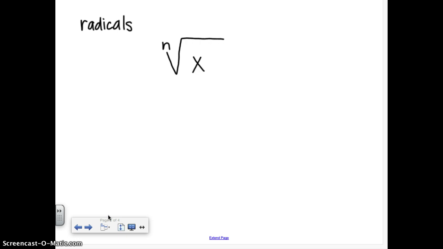That piece underneath the radical is called our radicand, and this little number here is our index. Now I'm going to use green for my index all the time. Throughout this whole thing, green will be my index.